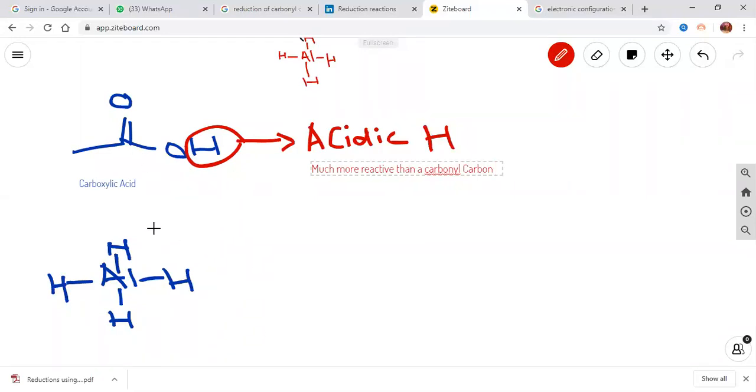So what happens is this hydride will attack this acidic hydrogen.